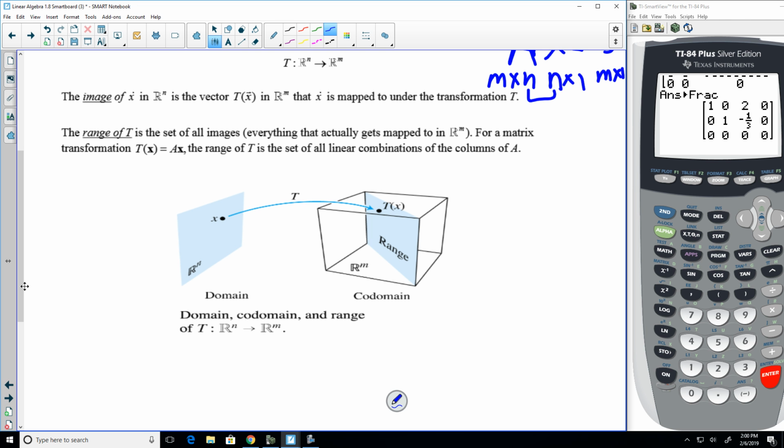It's Rn, a set of vectors of the same size, and we pick a vector that we're going to plug into the transformation. T is the name of the transformation. We multiply by a particular matrix to get a new vector. That new vector is T of x, and it is called the image.